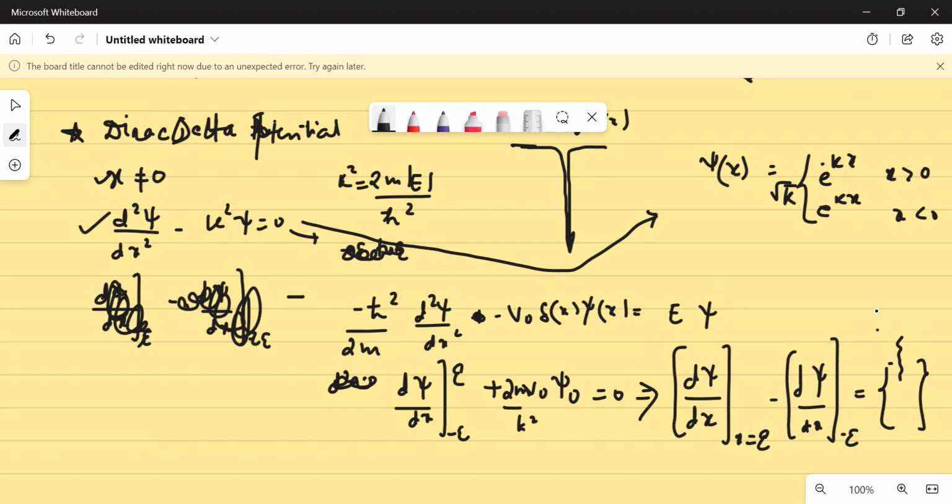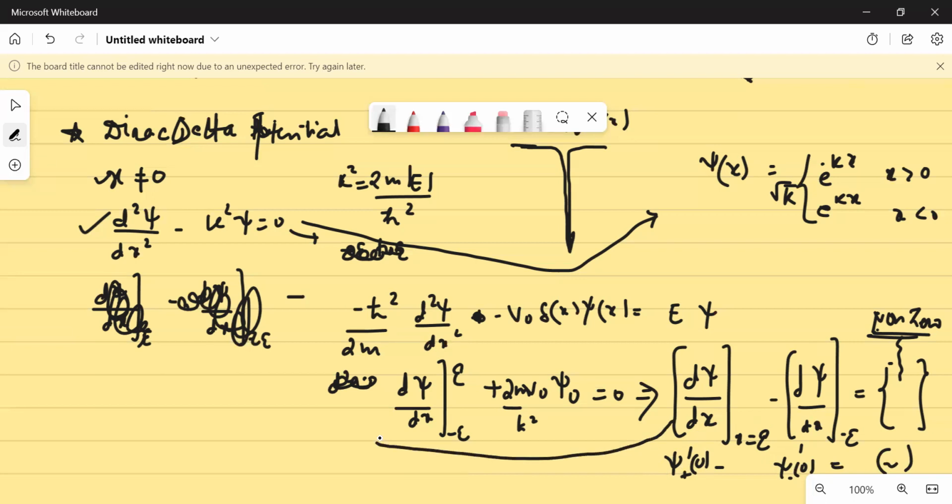So this is some non-zero value. What does it imply? It implies that your first derivative is discontinuous at 0. This represents your right-hand derivative and this represents your left-hand derivative at 0, and this is equal to some quantity. So basically, this represents the discontinuity in the derivative.